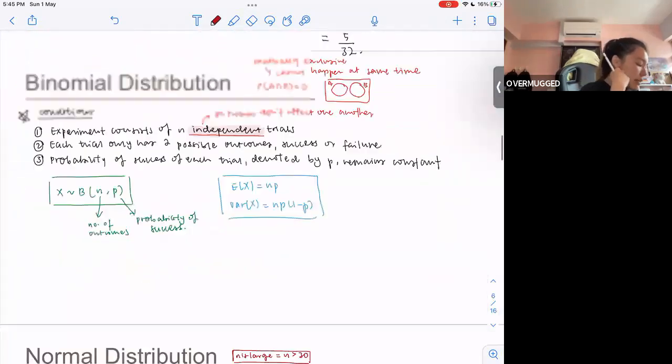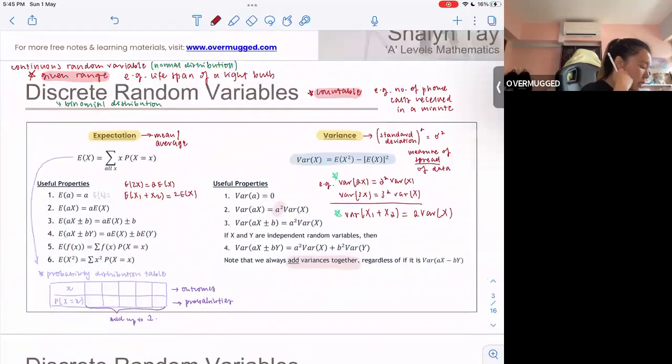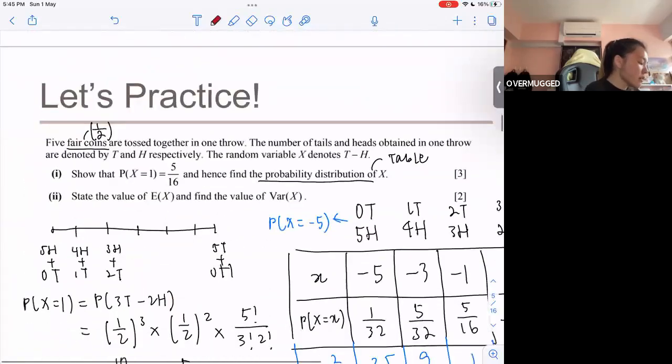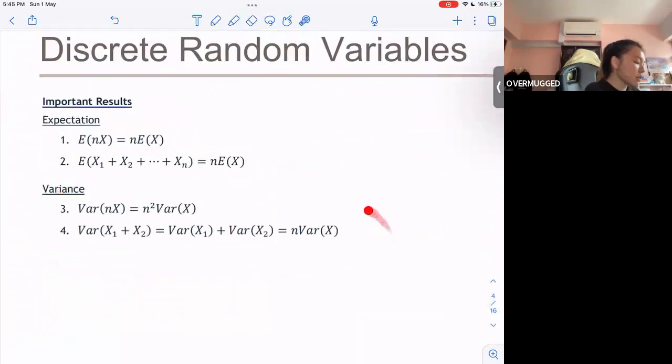Over here, your mean and variance will be affected as follows. Remember we talked about how, especially for your variance, that's the one that differs. If it is nX, then it will be n squared times the variance of X. If it's X1 plus X2, it will be the two added together, for instance. Okay?